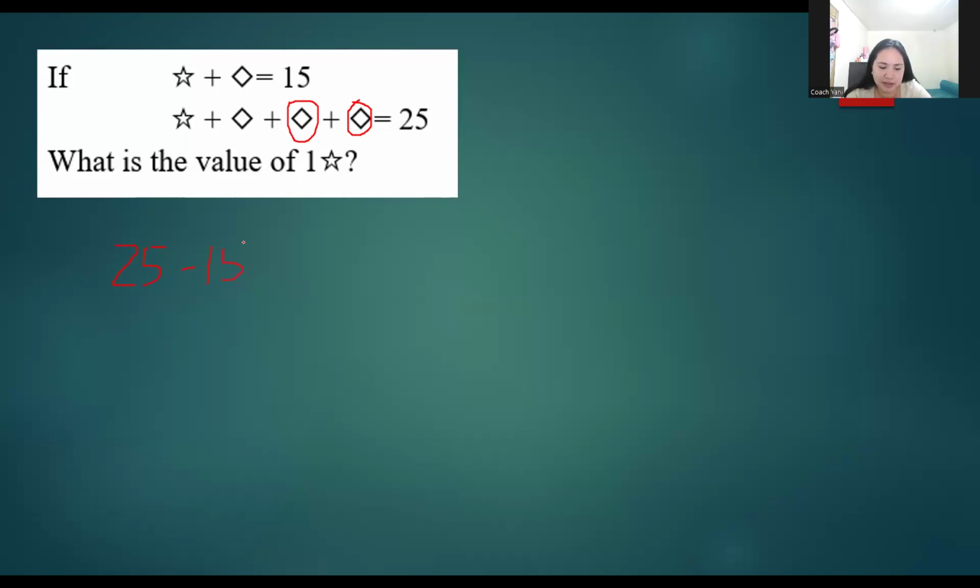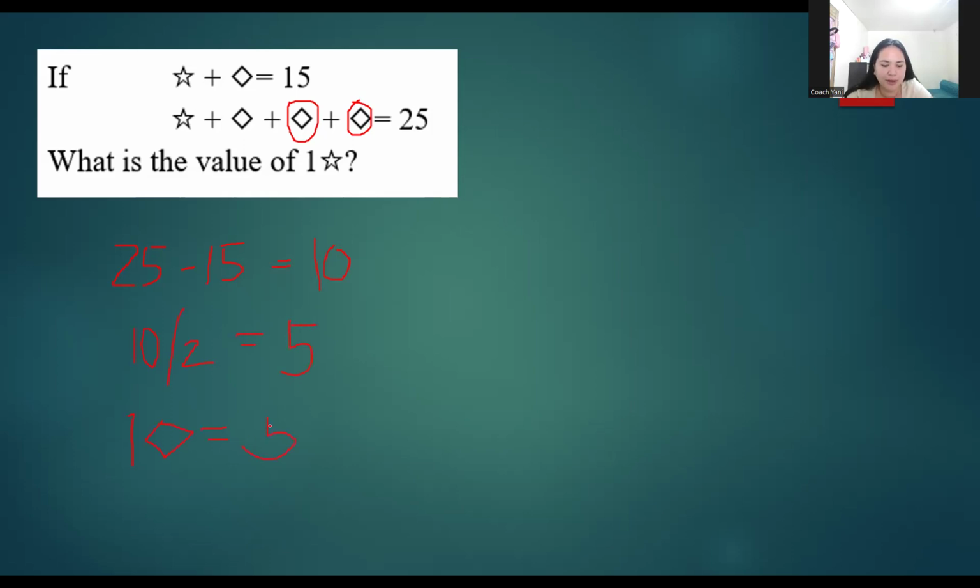And is that it? Or do you need to do anything else? You divide by 2. Yeah, you need to divide it by 2 because you added 2 diamonds. So 10 divided by 2, and you have what? 5. So each diamond is equal to 5. So 1 diamond is equal to 5.